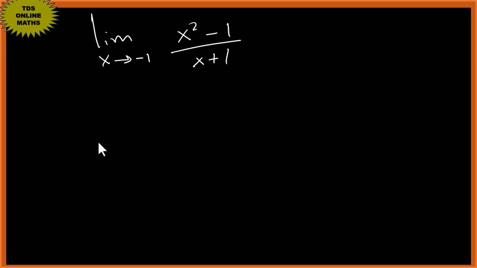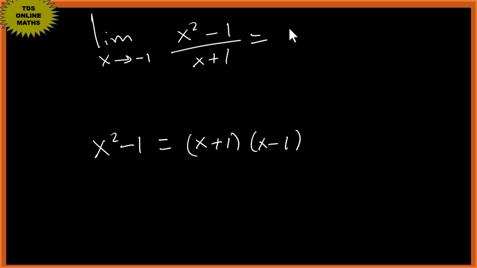We know x squared minus 1 is the difference of two squares, the same as x plus 1 times x minus 1. So this side will be x plus 1 times x minus 1 over x plus 1 here.